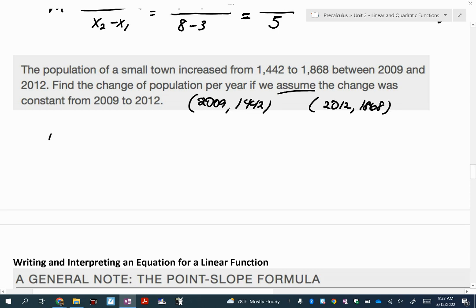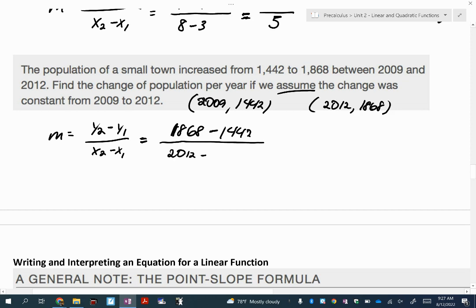So same idea. If I use my slope formula, I can figure out the average, my change in population per year, if we're assuming this is the same each year. So we have 1868, that's not a year, that's number of people, minus 1442 over my change in time, which is 2012 minus 2009.